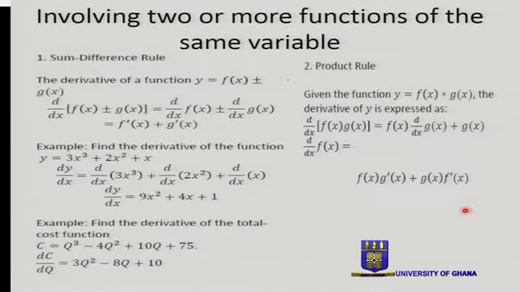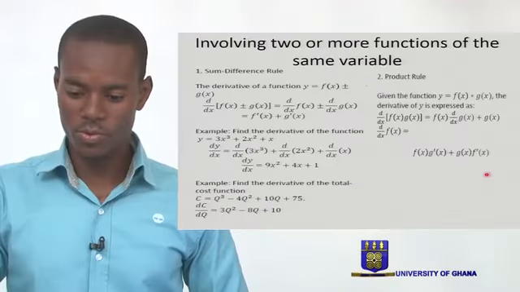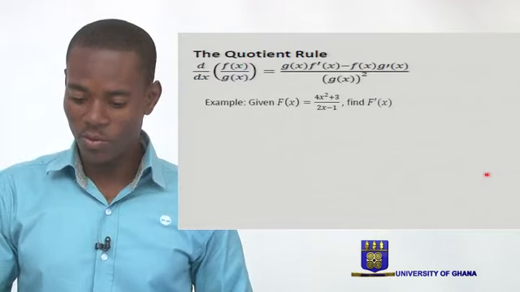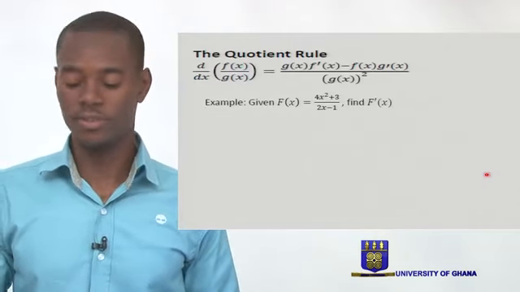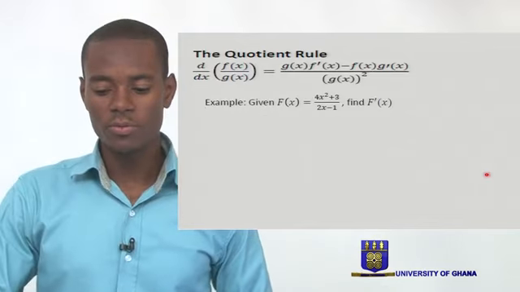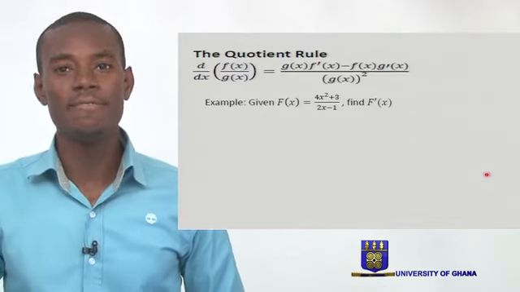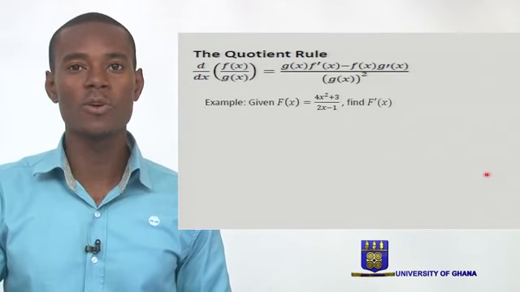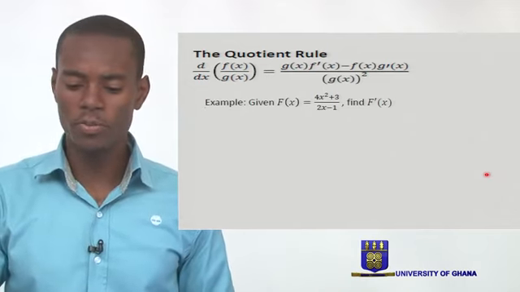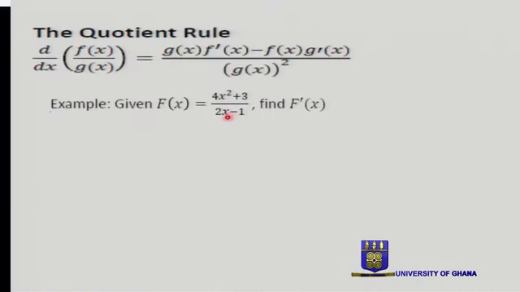Okay. All right. So that was the product rule. Now let's look at another one, the quotient rule. When you talk of quotient, it's just like saying division. The quotient rule says that if you have two functions written in the form where one is on top of the other, this is one function being divided by this function.